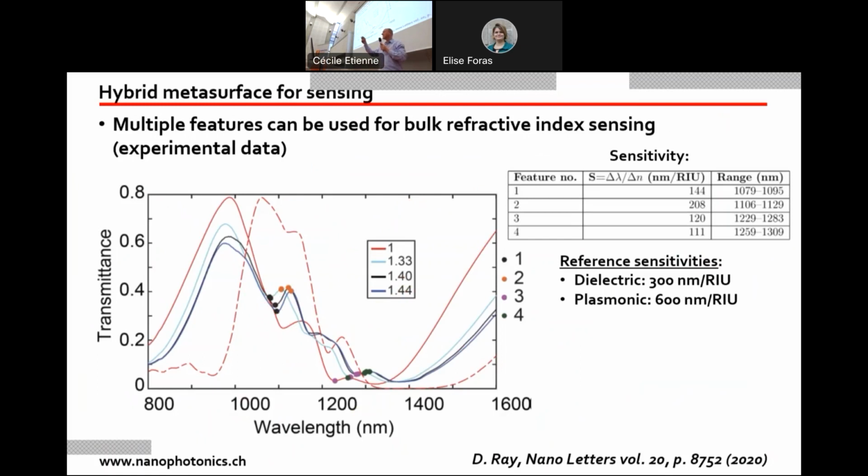So different features, different sensitivities. The best sensitivity we had was 208 nanometers, the shift of the wavelength when we change the background refractive index by a unit of 1. So this is this refractive index unit here.